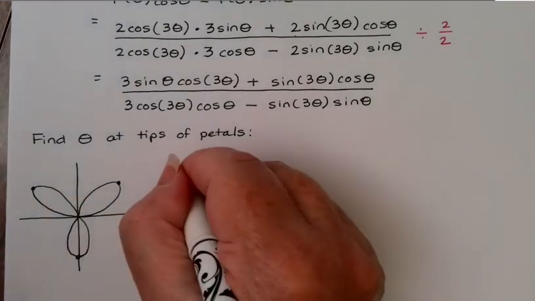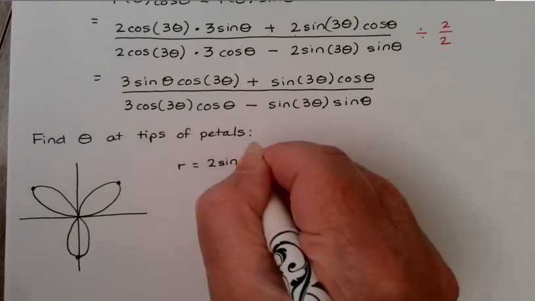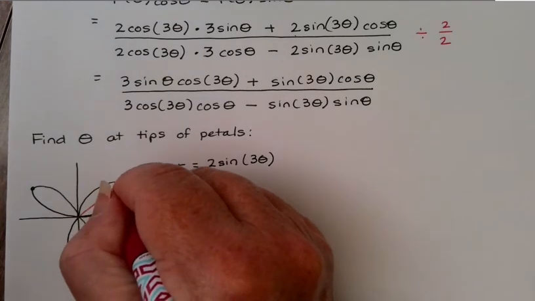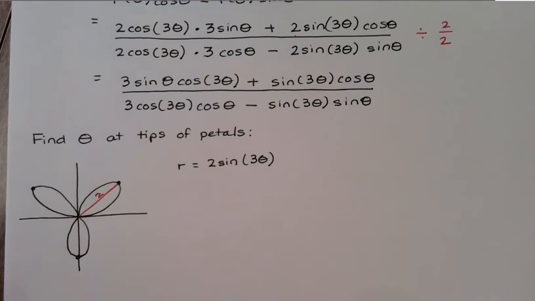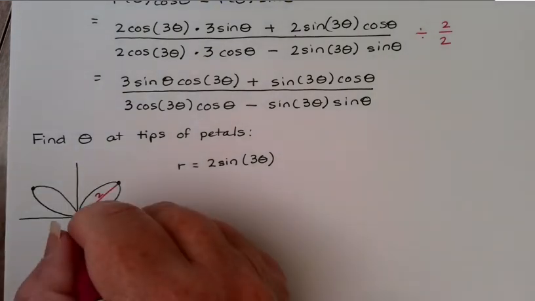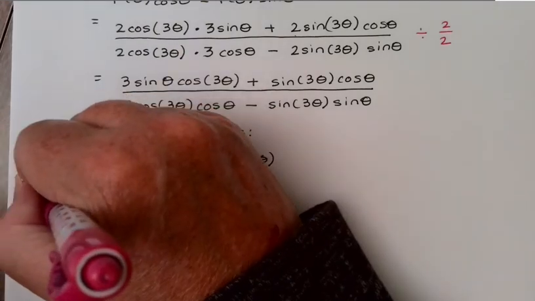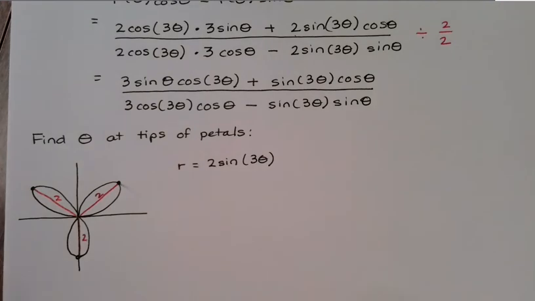Now keep in mind, this equation is r is equal to 2 sine 3 theta. The trick here is to remember that the petals have length 2. Right here, that r value is 2. Again here, that r value is 2, and here, that r value is 2.